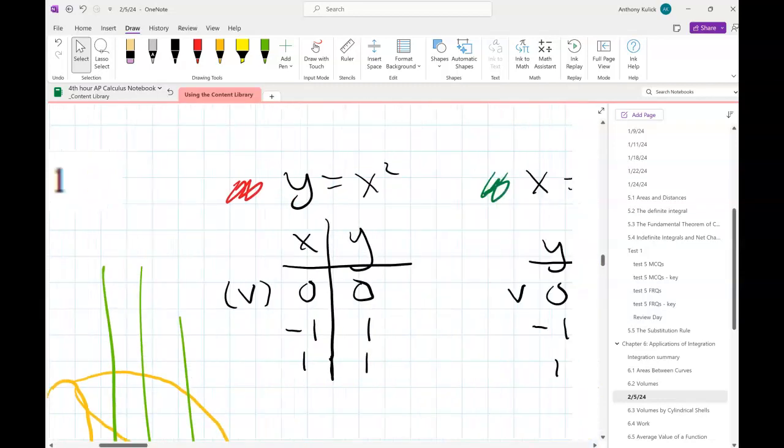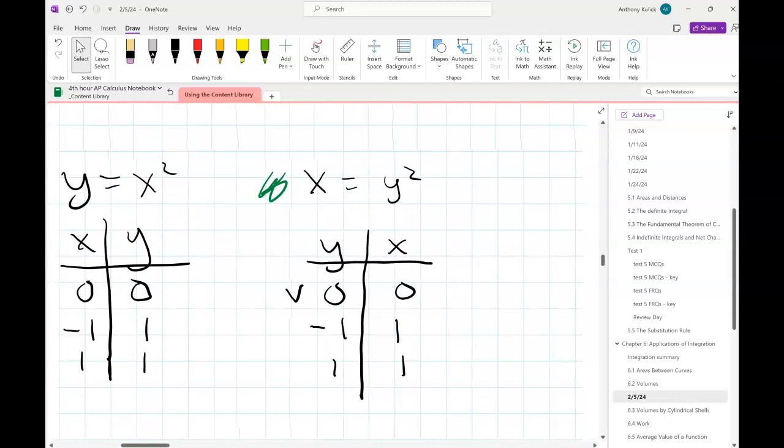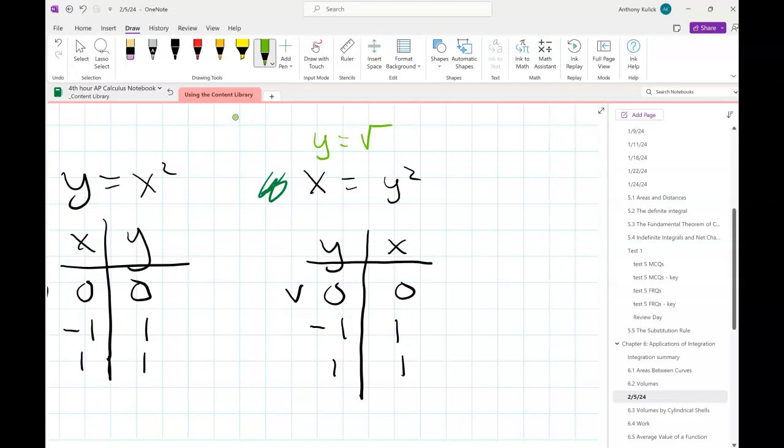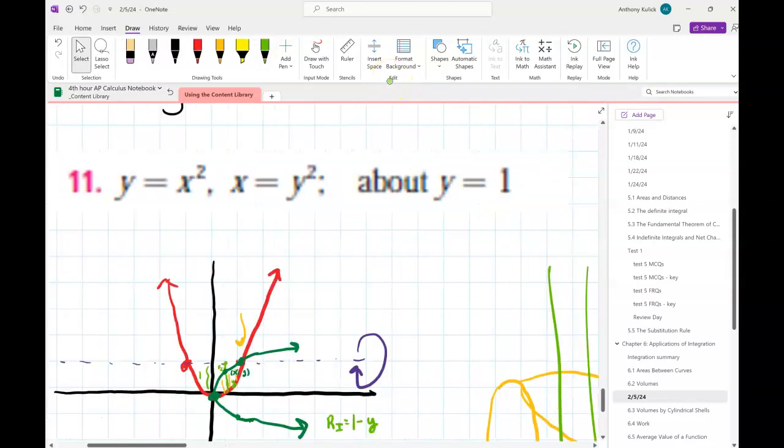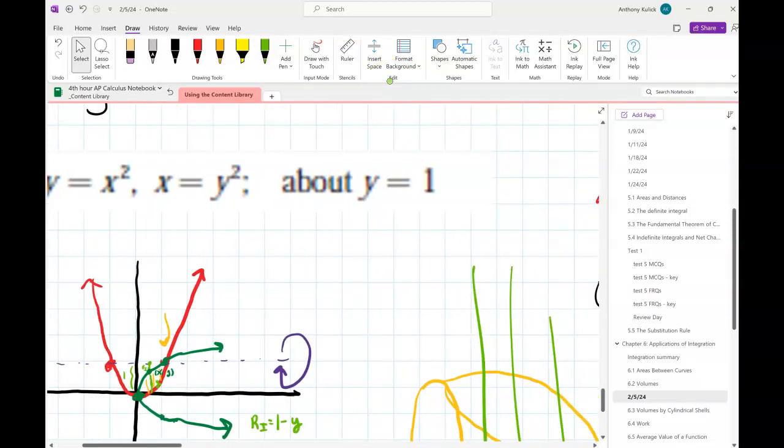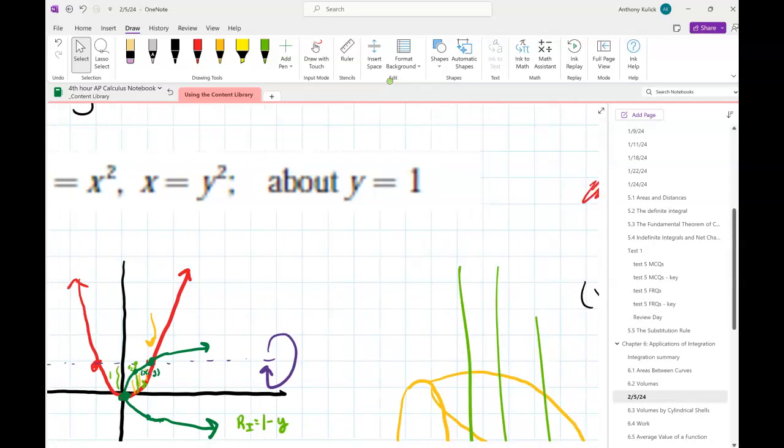So on the green curve, if I want to get that y, it's plus or minus square root x, but which one are we on? The plus one, right? Can everybody see why? Yeah, because we're in the part of the parabola above the x-axis.